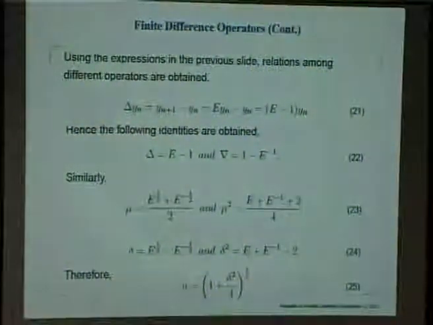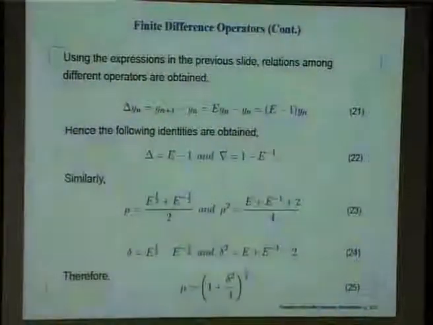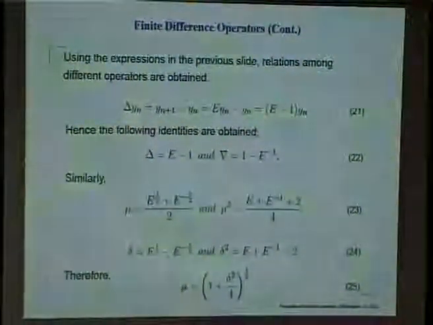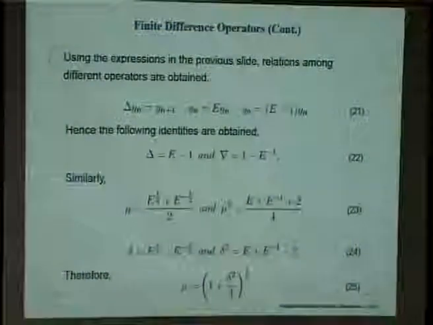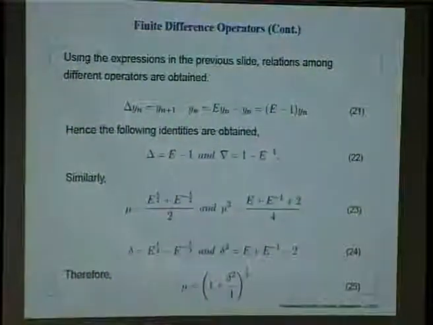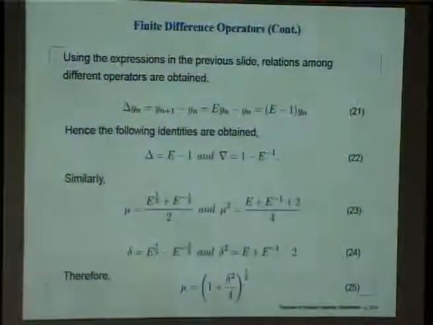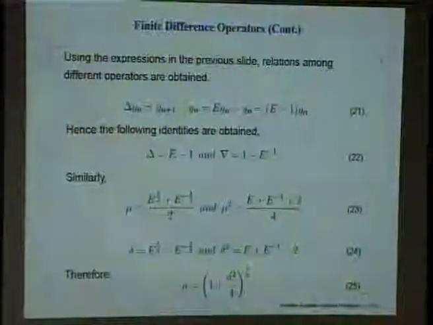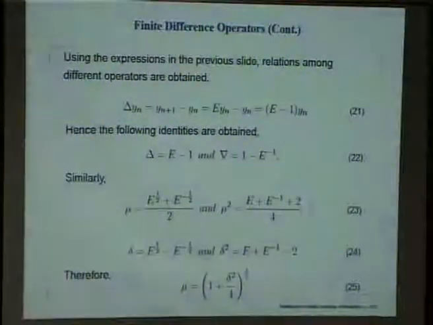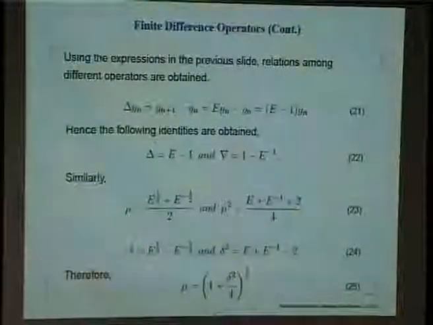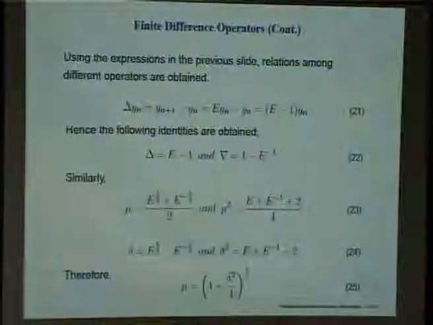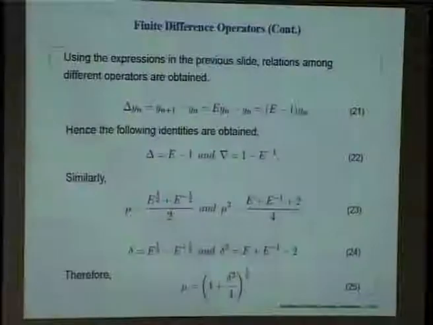Now, we can actually play around with all these operators and definitions and see if we could get something meaningful out of it. For example, the forward difference operator here is defined as y n plus 1 minus y n. y n plus 1, I could write in terms of the shift operator E of y n.